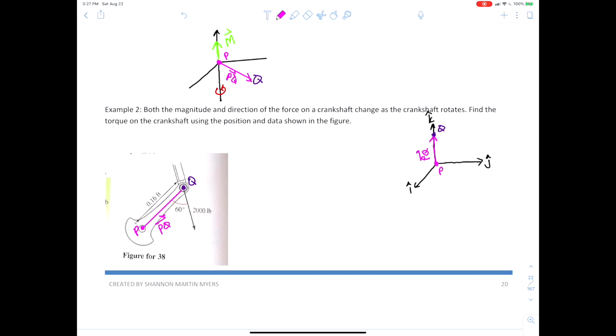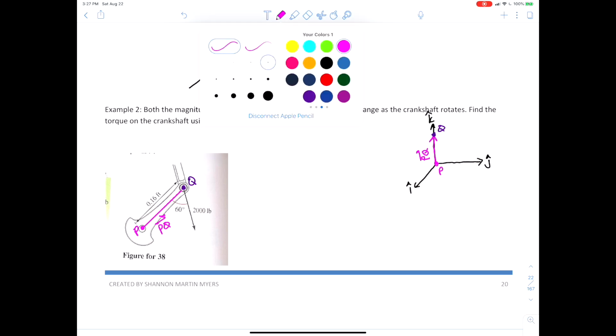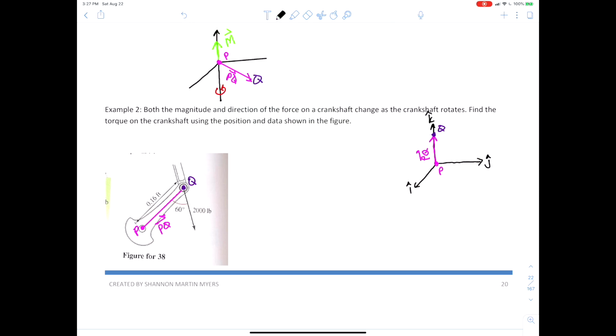Now, what have we been given here? We've also been given this angle of 60 degrees, right? So we're making a horizontal here where Q is, and that's going to be 90 degrees, right?